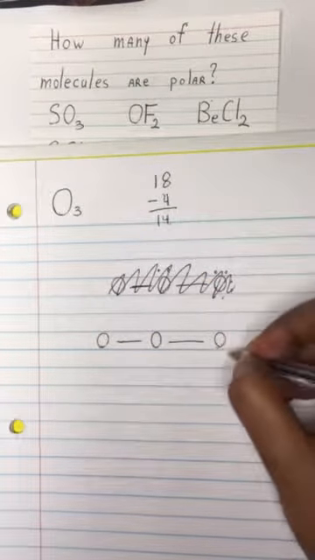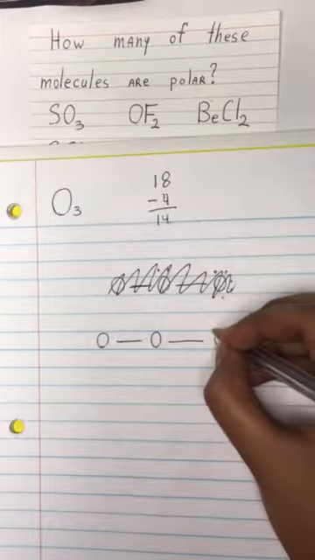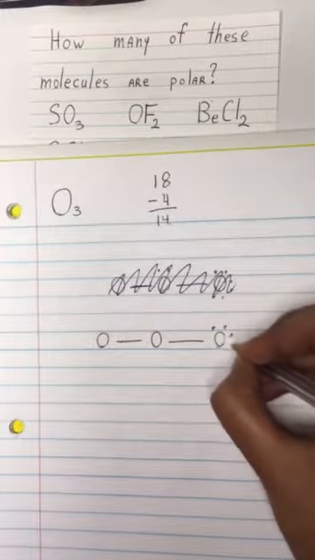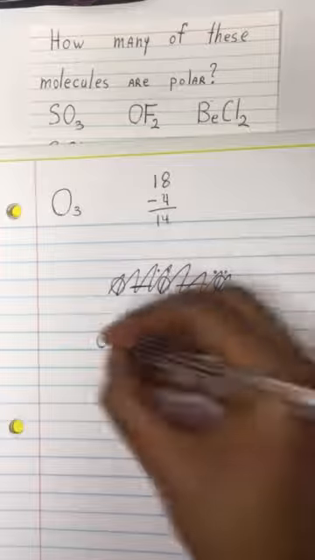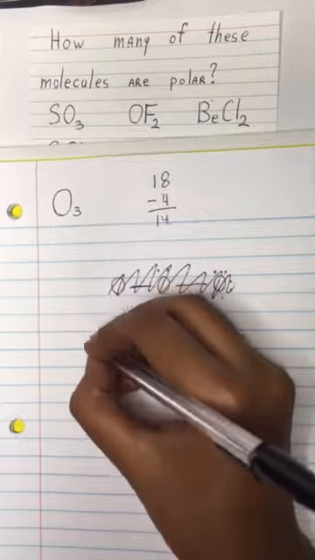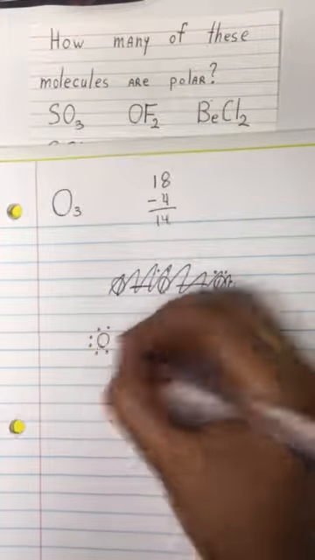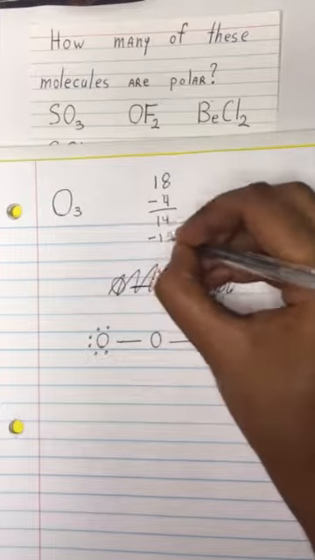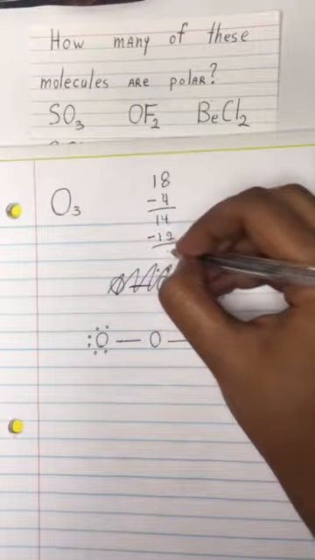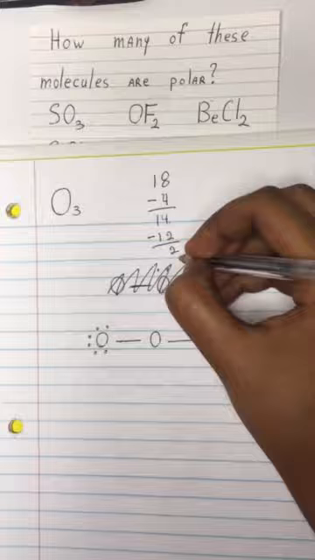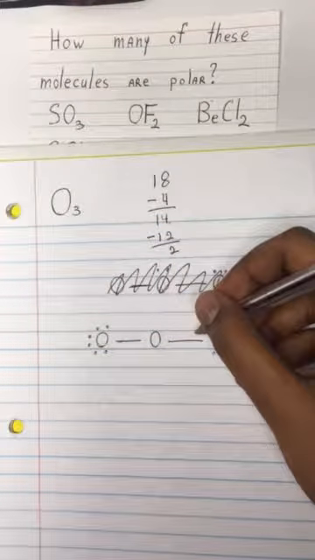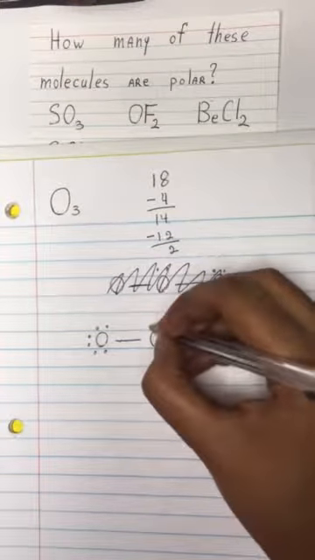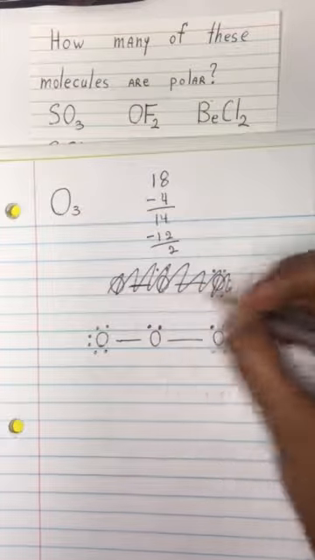So we place them first on the outside atoms. 1, 2, 3, 4, 5, 6, 7, 8, 9, 10, 11, 12. This leaves us with 2 more electrons, which we now must place on the central atom. 1 and 2.